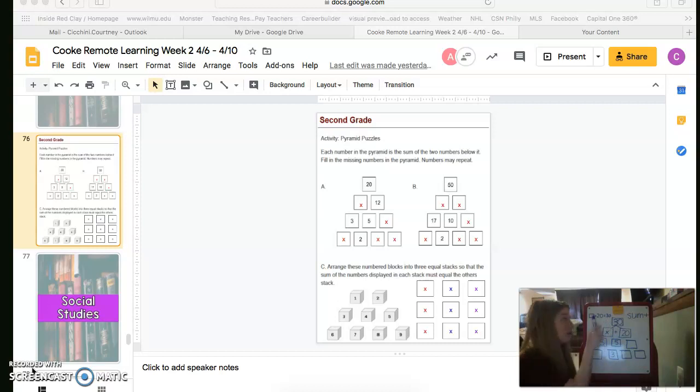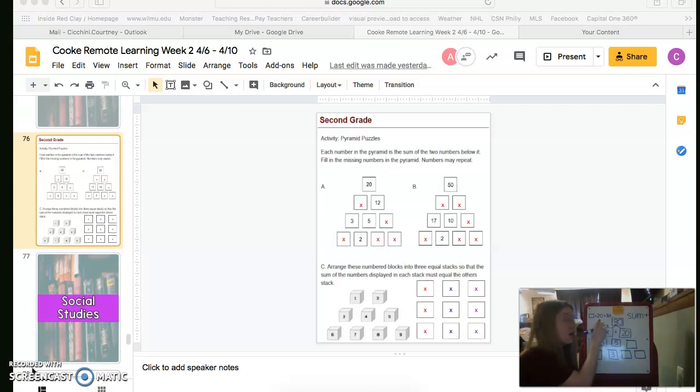So you could either count up by starting at 20 and counting to 30. You could subtract and start at 30 and count down to 20, or you can use mental math. Maybe you already know that answer very quickly in your head. So I'm going to use counting up.